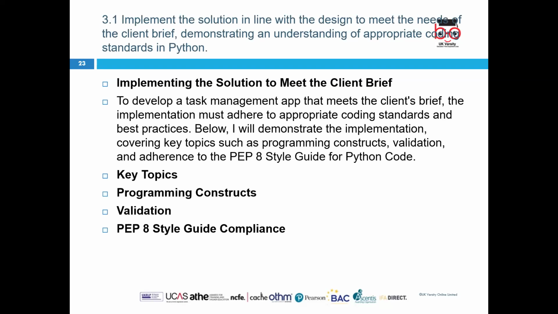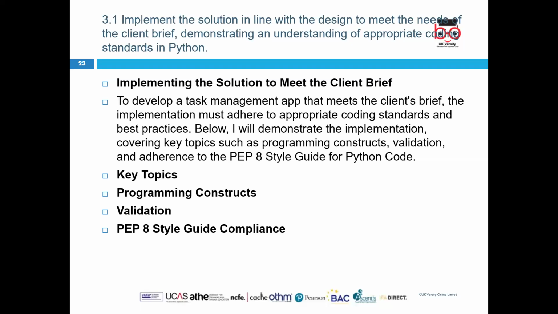So in our 3.1, we're now going to implement a solution in line with the design to meet the needs of our client, demonstrating an understanding of approach and coding standards in Python. So when it comes to implementing the solution to meet our client brief, we need to be able to develop a task management app which meets our client brief.